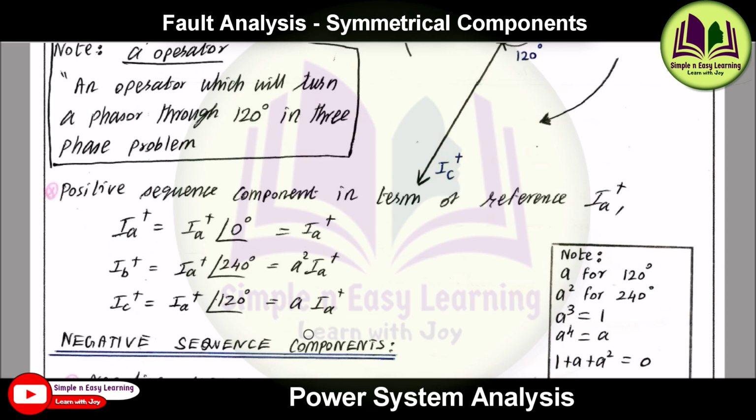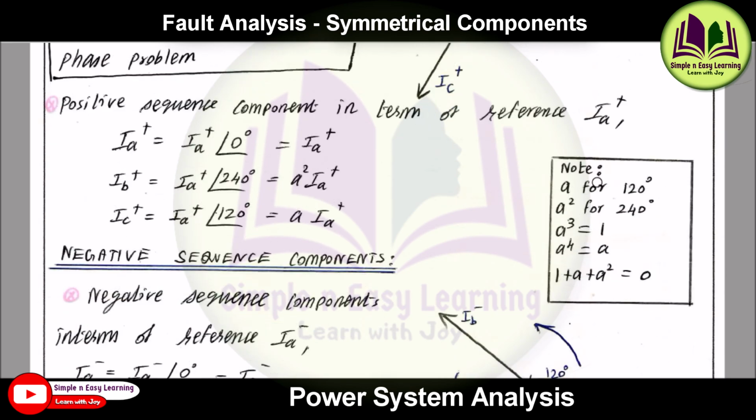This is to reduce the complexity in the calculation. Instead of 120 degrees I use a, and 240 degrees is replaced with a square. Note these things: a for 120 degrees, a square for 240 degrees, a cube equals 1, a to the power 4 equals a, and 1 plus a plus a square equals 0.